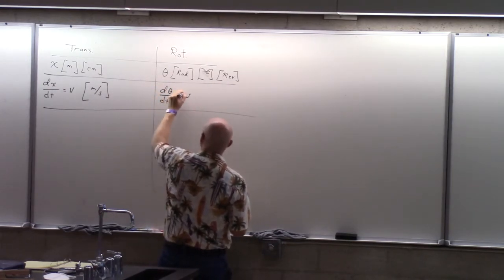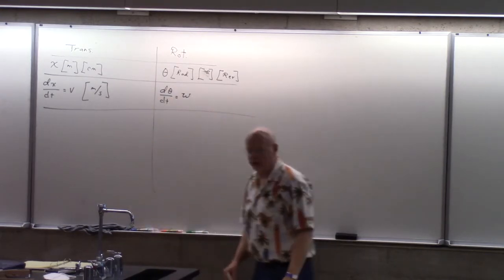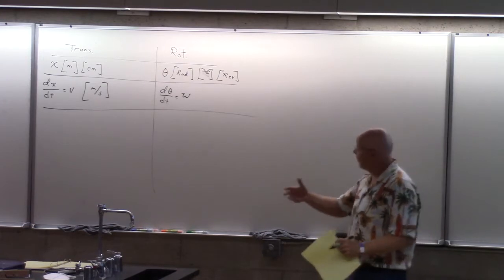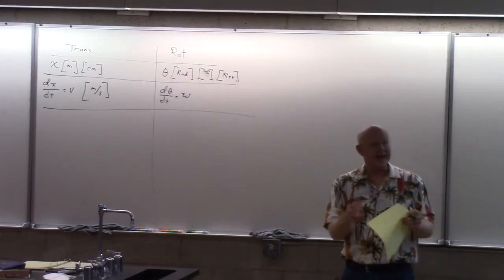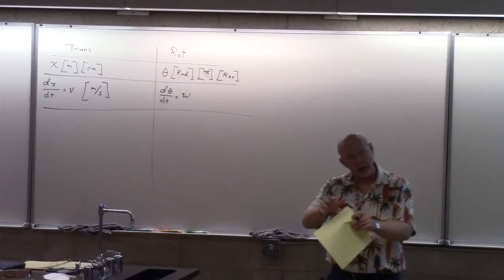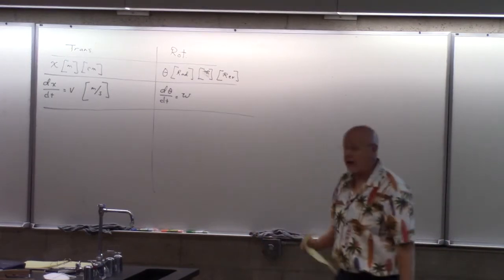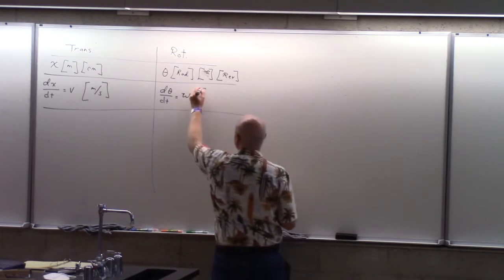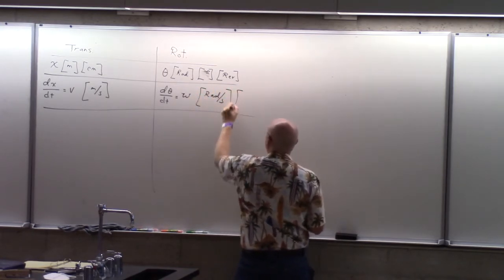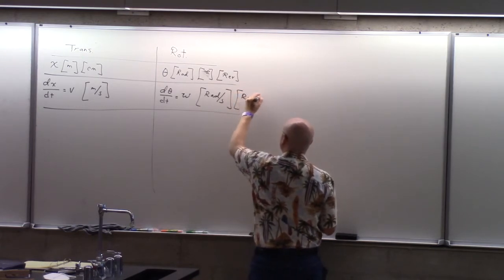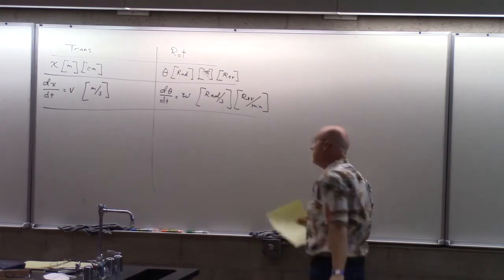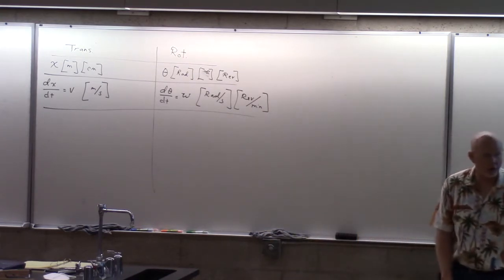And again, we've already done this, so I'll just use it again as a springboard to say, in the last chapter, we looked at what would be analogous to a translational velocity. Now we'll call it a rotational velocity or an angular velocity. And of course, we could measure that in radians per second. We could measure it in revolutions per second, or actually revolutions per minute is a little more common, so maybe I'll put those on there.